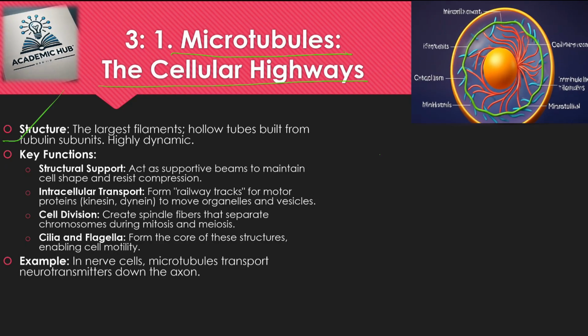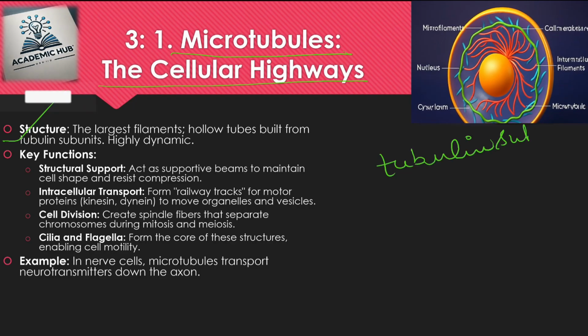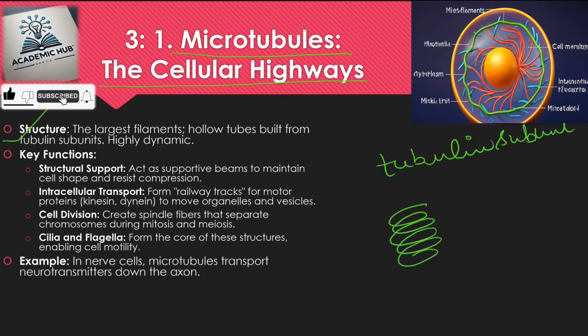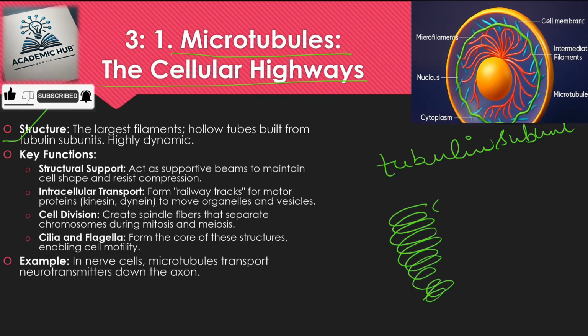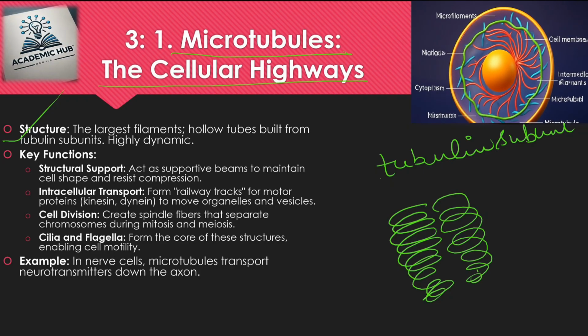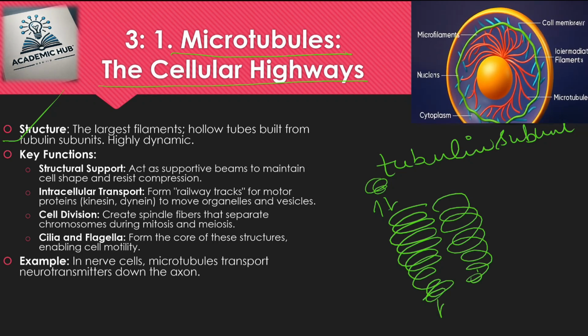Microtubules are built from tubulin subunits. This is a tentative structure which I am drawing like this. These are the subunits of tubulin protein, and some proteins are attaching on this side and some are detaching.